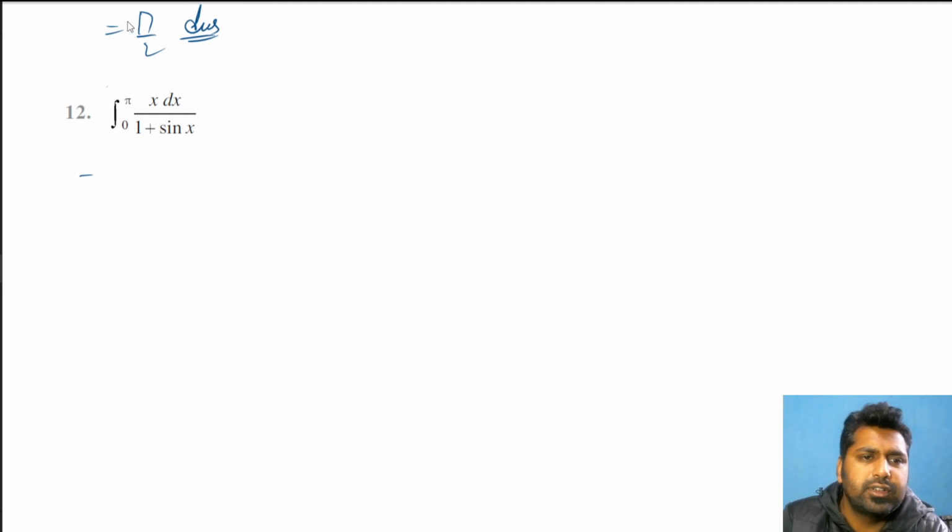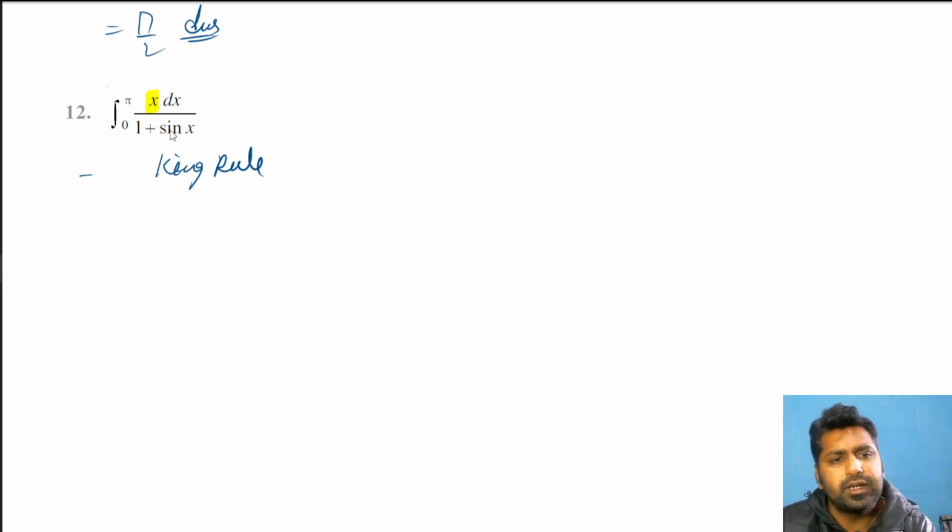And usually for these kinds of questions the hint itself is there, not a substitution. I'm talking about King rule again. Whenever x is there and trigonometry is there and definite integral is there, effectively you'll have to apply King rule, and somehow after King rule this x will get eliminated, because then you have 1 upon 1 plus sin x. 1 plus sin x can be integrated as long as we don't have x in the numerator. Let's see what happens in the King rule.